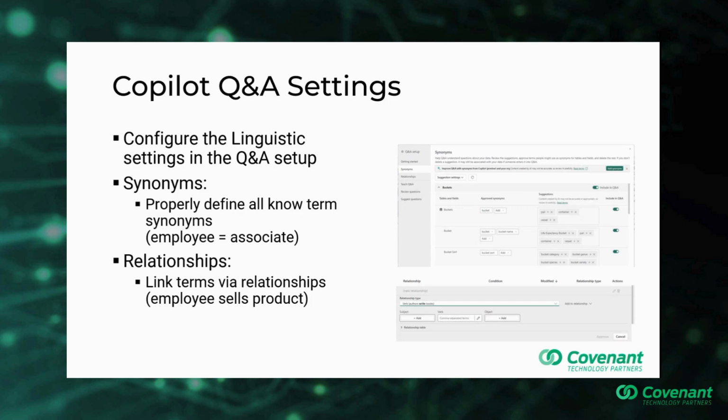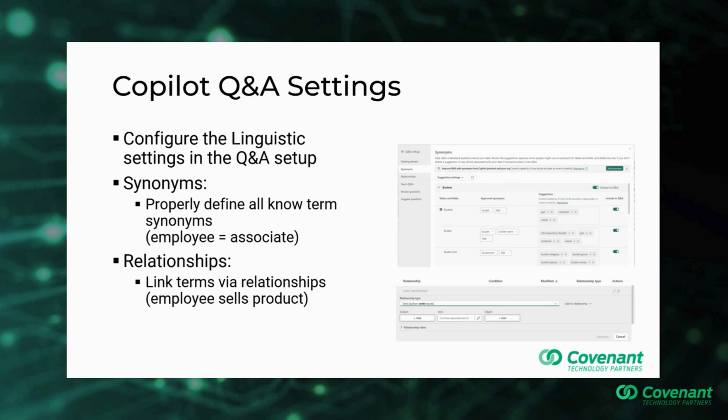Right now, these are only Power BI Desktop features that should be coming to the portal soon, but they allow you to do two things. One is set up synonyms. So I can give examples here for the large language model that say employee and associate are the same thing. So if someone is asking about associate, what they really mean is an employee.